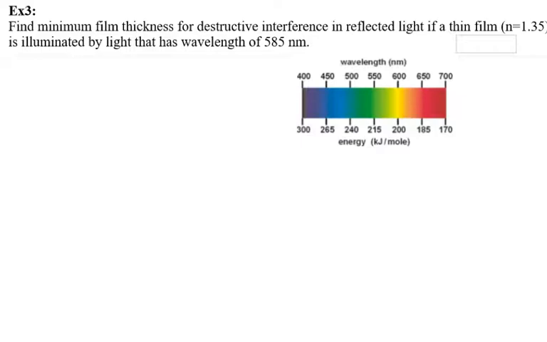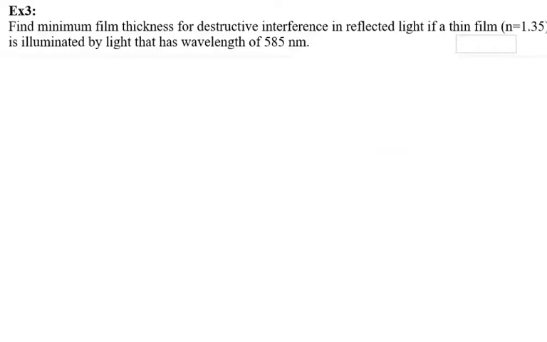And 585 nanometers falls somewhere right here, so it's the light green, maybe. So for destructive interference, 2 times t is equal to m lambda.